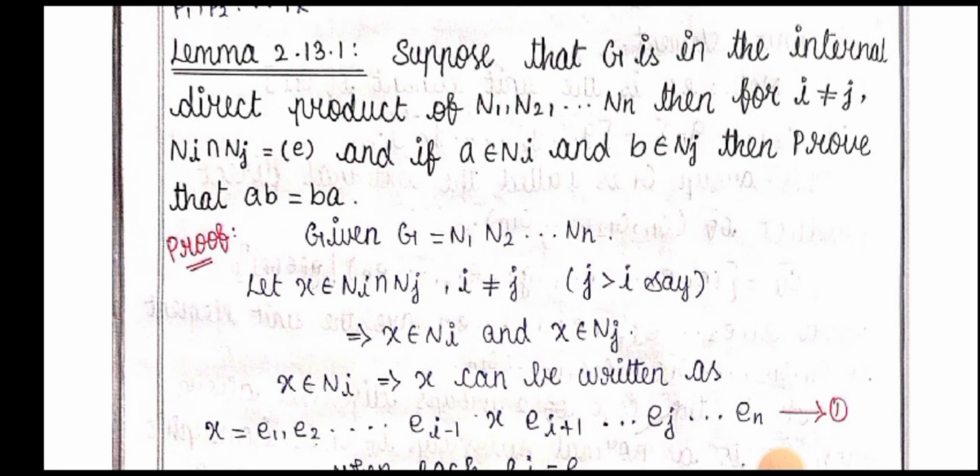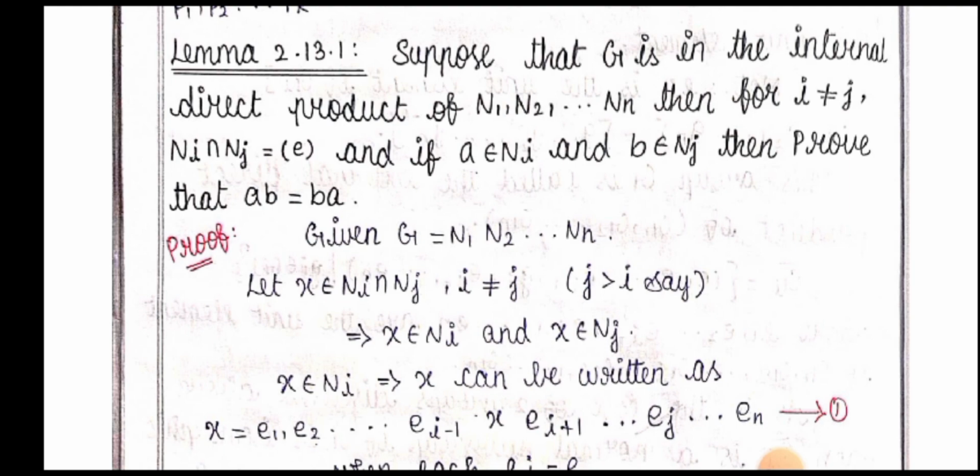Before entering the lemma, we just try to recall the definitions of internal direct product and external direct product. We know that the internal direct product of G, for the given two subgroups A and B, can be written as G equal to A bar into B bar.